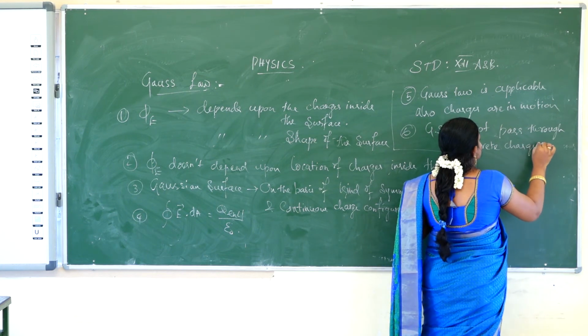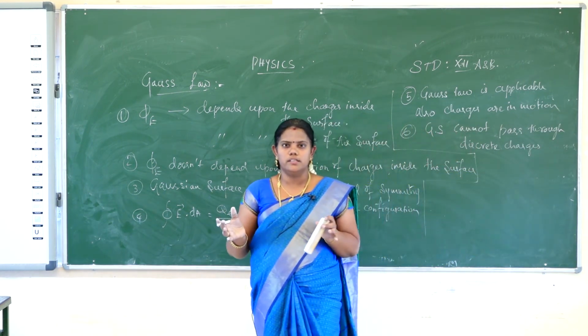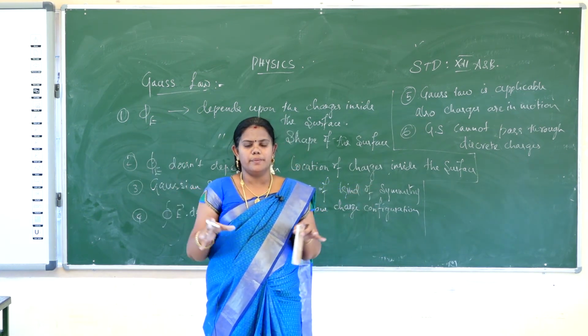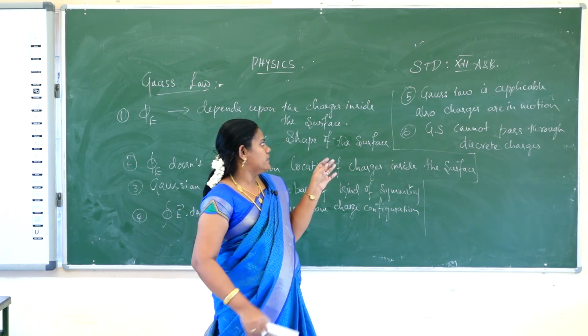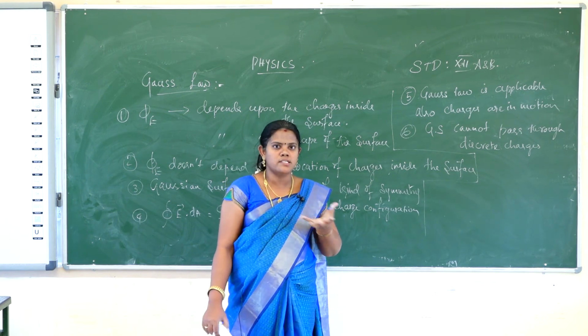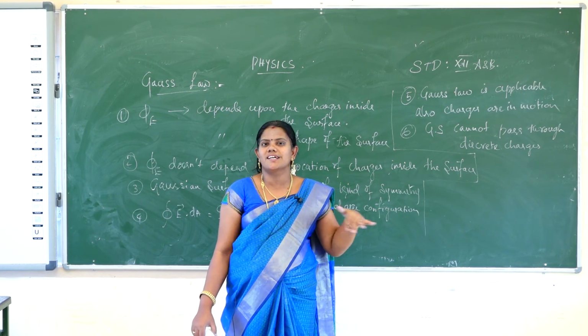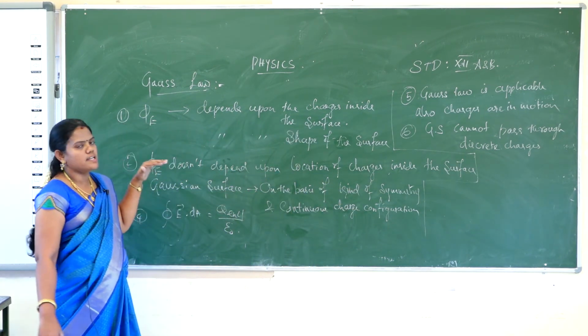Discrete means the charges are present separately. If the charges are separate, the electric field will not be in a uniform, regular pattern, so we do not consider the Gaussian surface for discrete charges. We only consider the Gaussian surface for continuous charge distribution. Those are the important points in Gauss law.